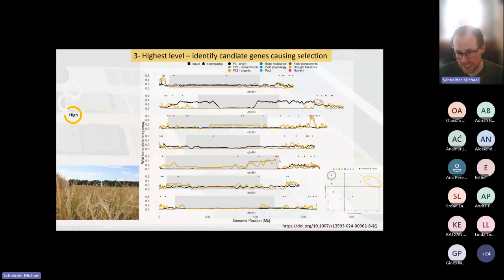And analogously, we see something similar down in here, where we have 3 dots sitting. One is a yield component and the other one is yield physiology related. One gene that was identified sitting in here is a dormancy gene, a gene that prevents the seed from emerging, even for multiple years.